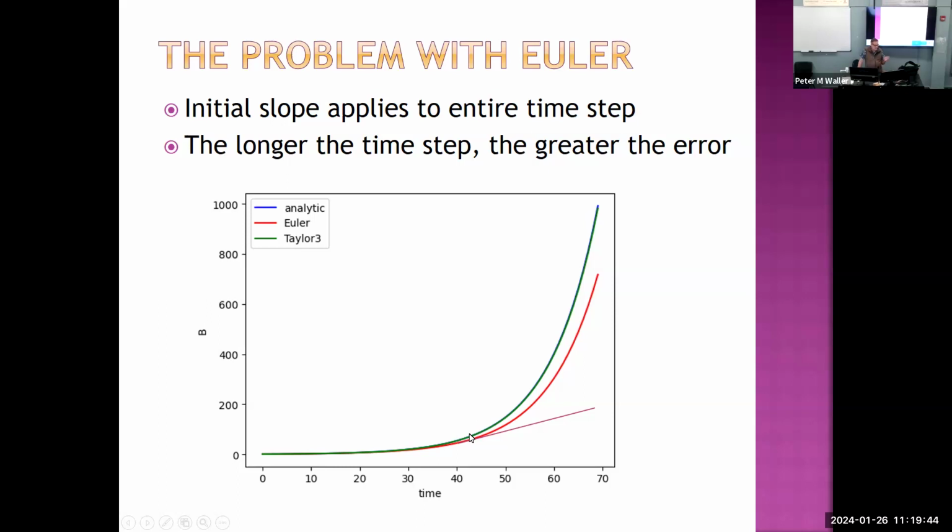So what you've probably seen is the longer the time step, the greater the error. And so there's a choice. Are you going to use a higher order Taylor series, or are you going to use smaller time steps? And usually you just use smaller time steps in my type of research because I don't have models that take a huge amount of computer time.